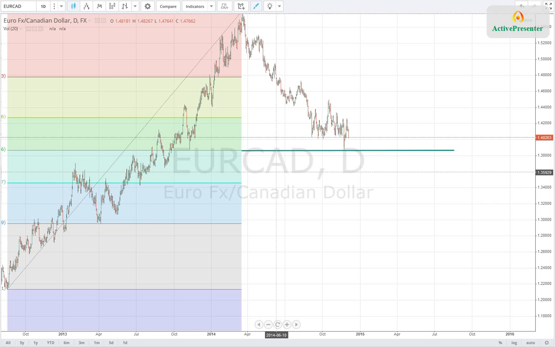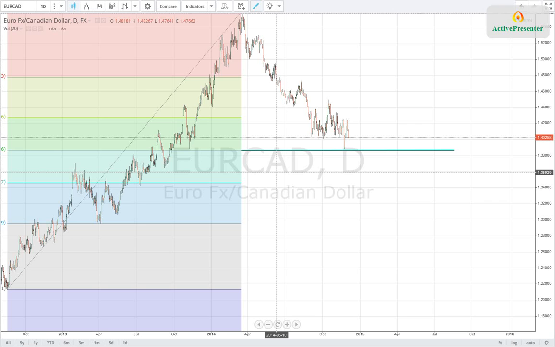So first, looking at the Euro Canadian dollar, we have some interesting moments coming up, especially with the euro sounding so dovish, and we have the ECB interest rate decision coming up tomorrow. With all the quantitative easing talks going on, the ECB is set to further infuse some economic growth into the currency.